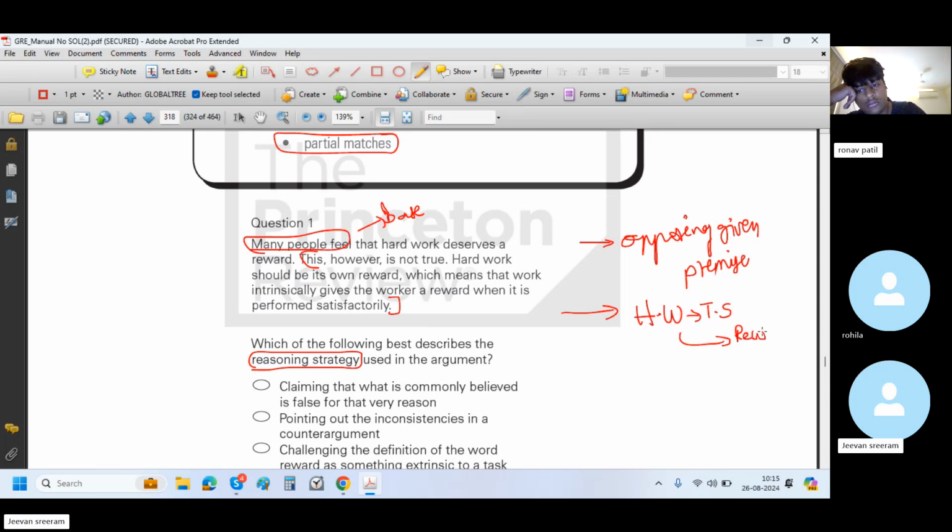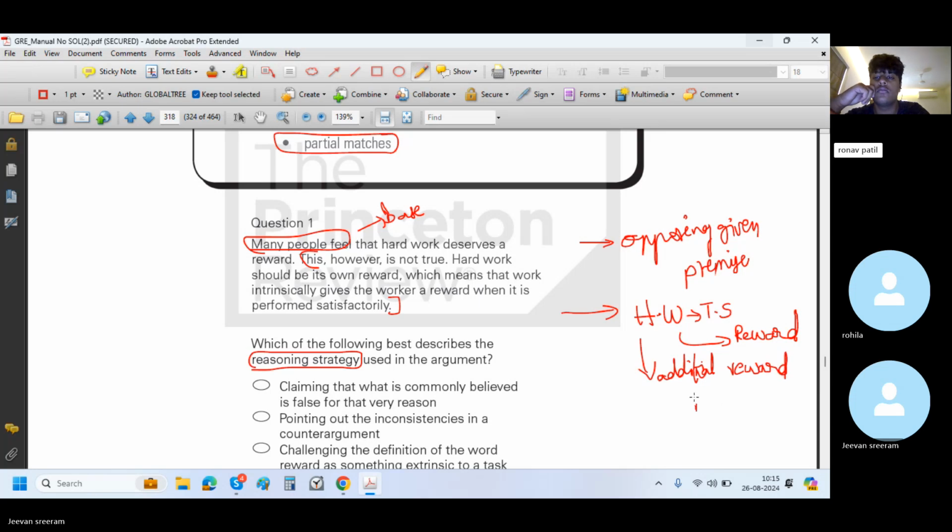So there is no necessity of an additional thing like a reward. Hard work itself is a reward. So an additional reward is not necessary. Additional reward is irrelevant.